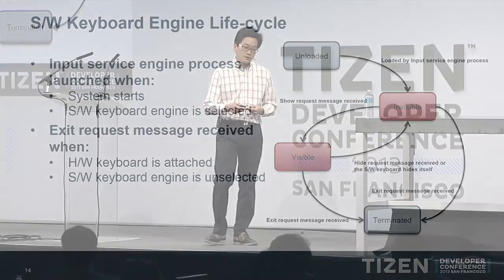And as I have mentioned, the existing input service engine that has loaded the previous, unselected software keyboard engine will receive the exit request, and it will be terminated. And also, when a hardware keyboard is attached, that means that we are going to use the hardware keyboard for typing text.